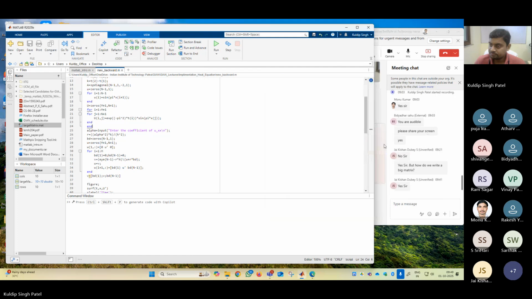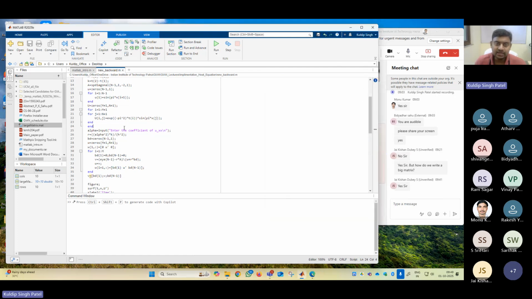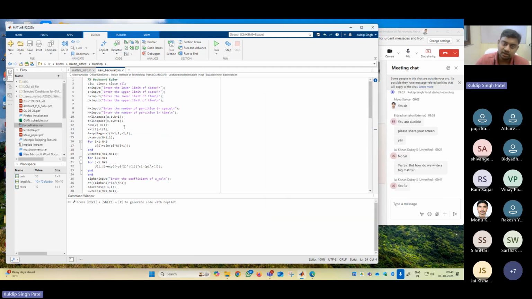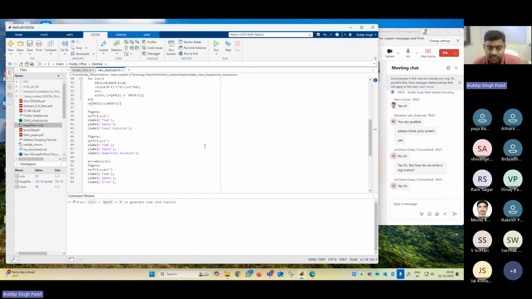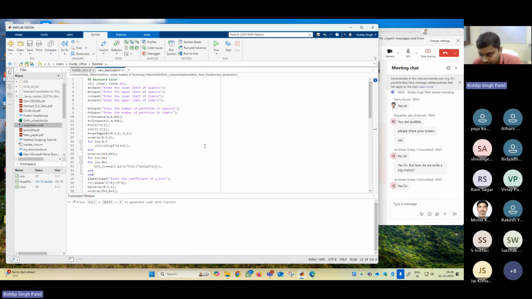Now, we will understand the MATLAB code for this. I mean, we can write it also, but since I have written it, I just want to explain it line by line. It may take some time, but at least you will understand one code, so it will all be clear to you, right?